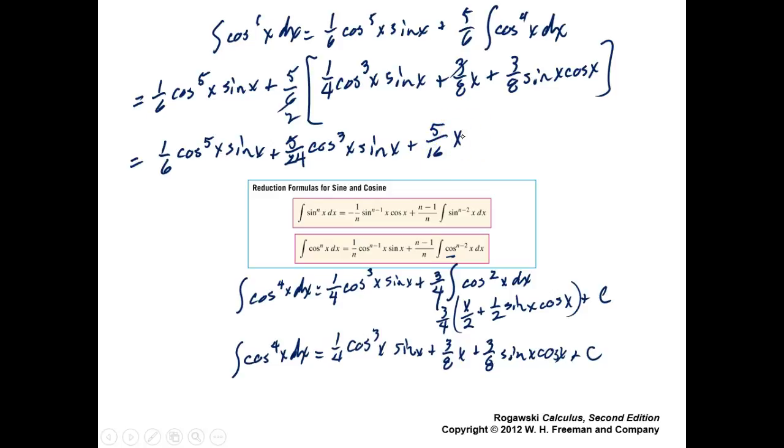You see what I did there? Okay. Plus 5/16 sine x cosine x. And we'll do a plus c at the very end.